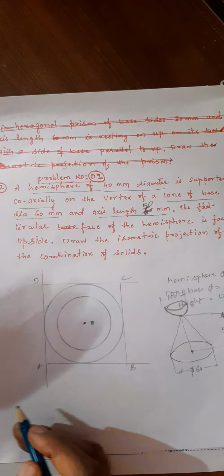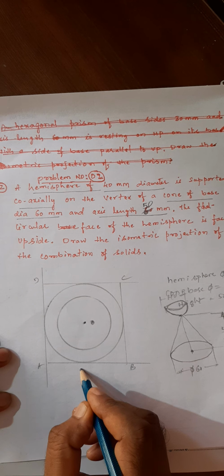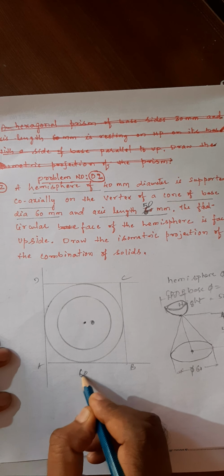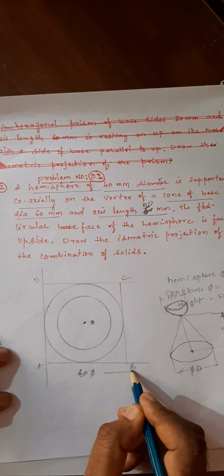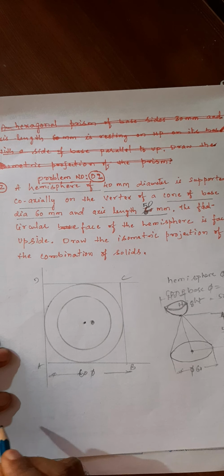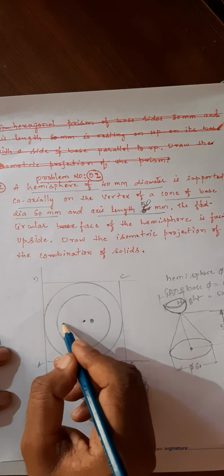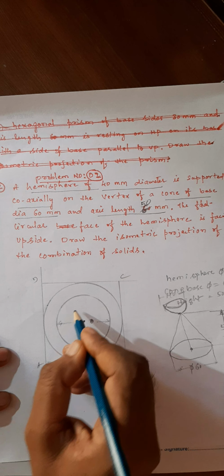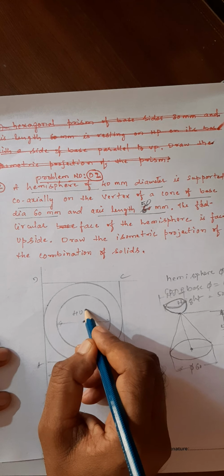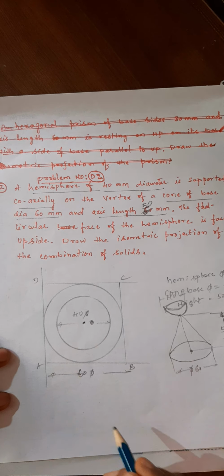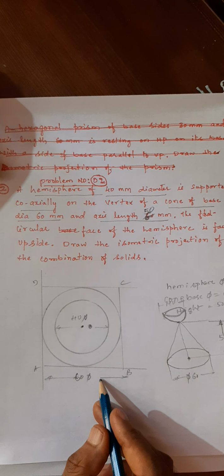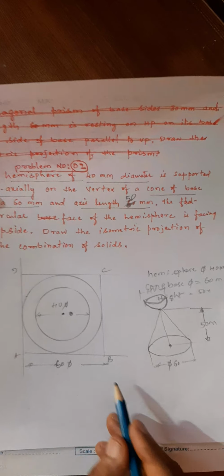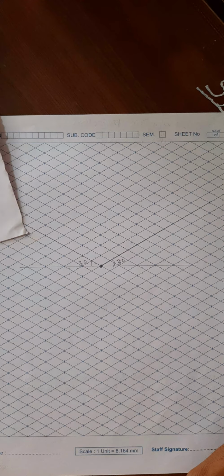Now see, the diameter is 60 mm, and the hemisphere diameter is 40 mm. Now 60 means 6 equal boxes.